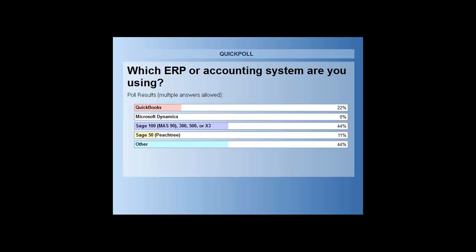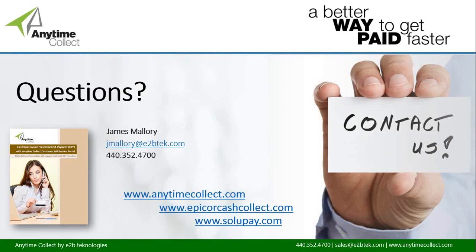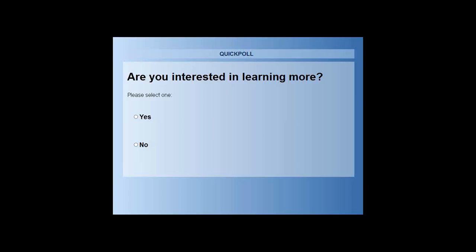Maybe they had 2 people in their collections department, and they were able to take that down to 1 person, still manage growth, and use that other person elsewhere within their organization. So there are a lot of different benefits. If you hit the website at anytimecollect.com and go to the benefits page, you can read through all the benefits, and at the very bottom we have a number of success stories listed, so you can read the stories of some of our customers in more detail there.